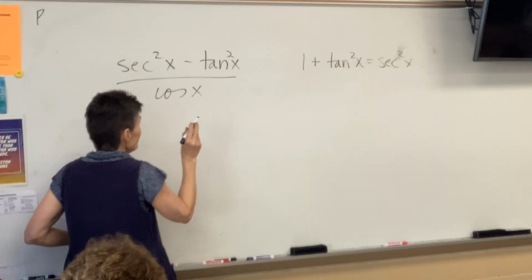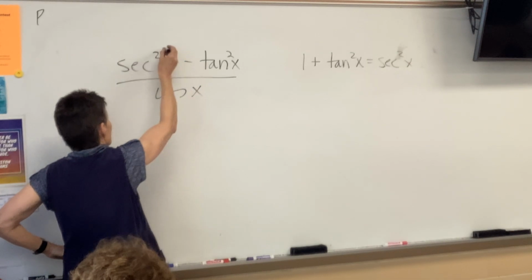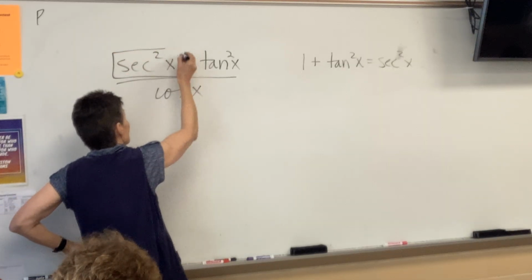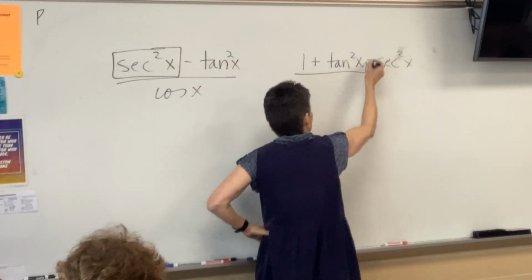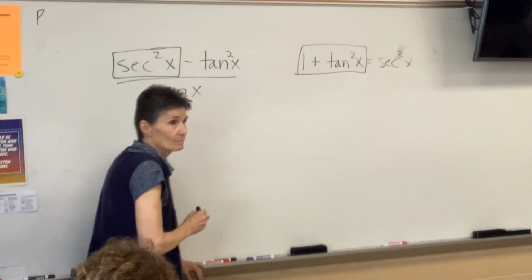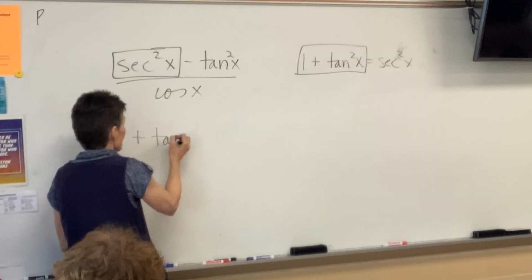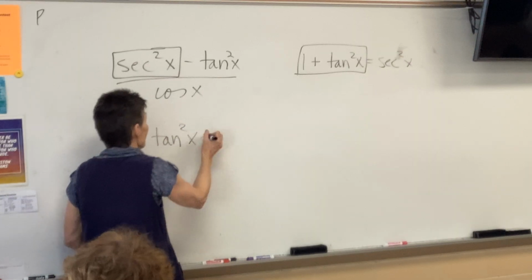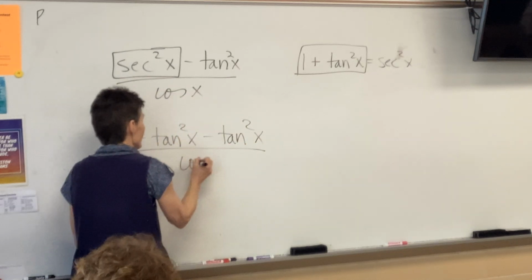So if 1 plus tangent squared is secant squared, can I take this out and replace it with this? Yeah. So what would it look like? 1 plus tangent squared minus tangent squared, all over cosine.